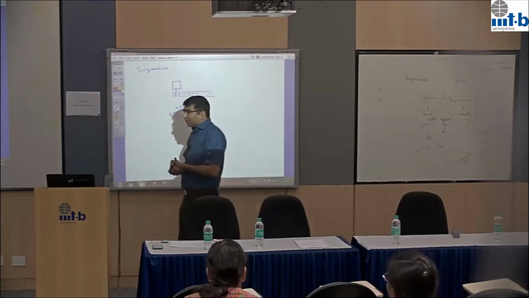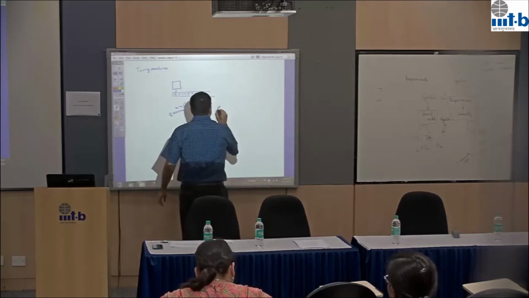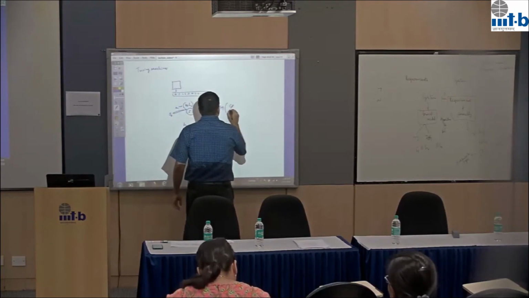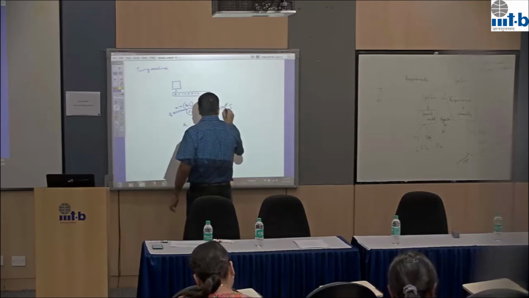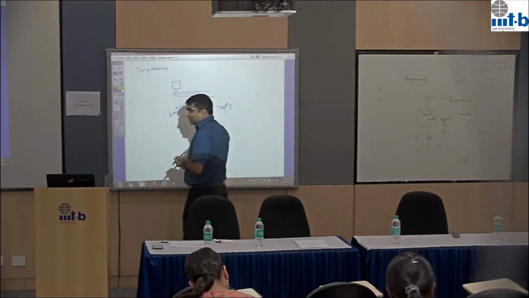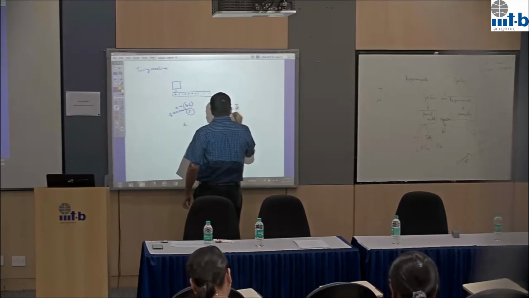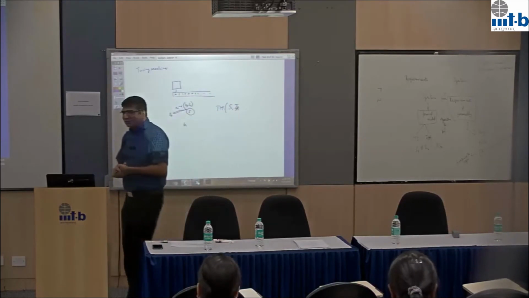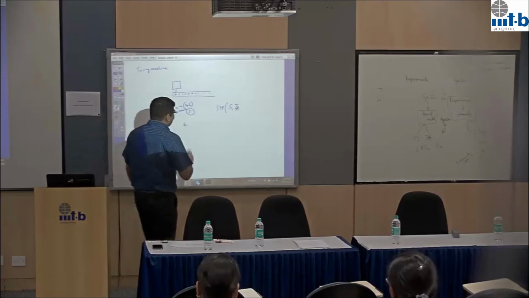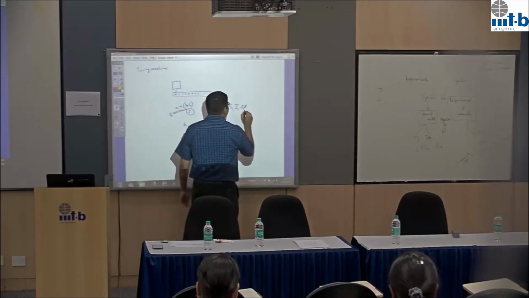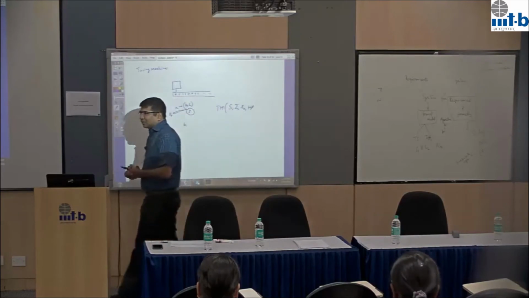So what is the formal model of a Turing machine? A Turing machine comprises a set of states, as in the state machine. There is an alphabet sigma, which is the input symbol, and there is a start state. There is a set of halting states.